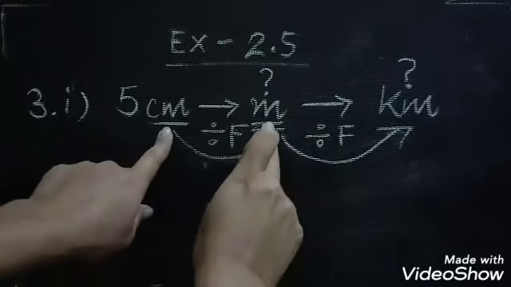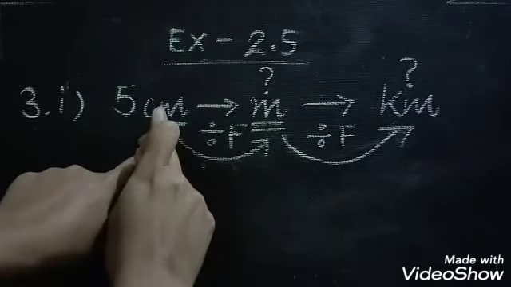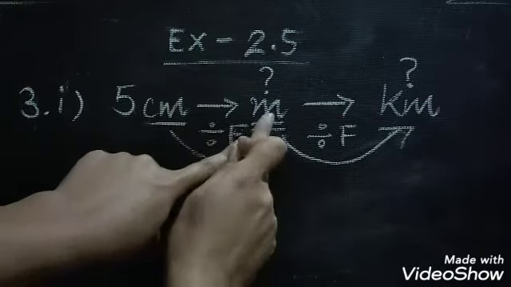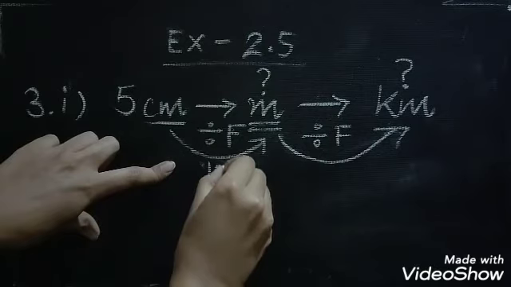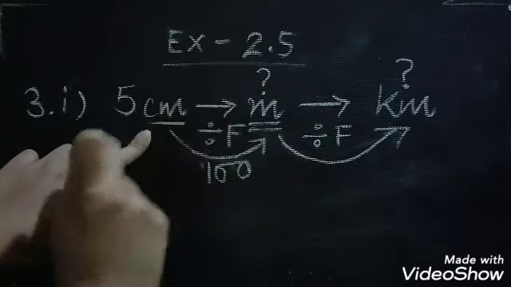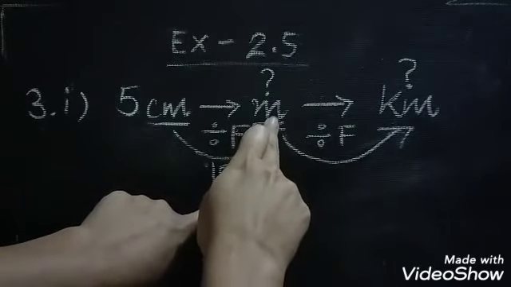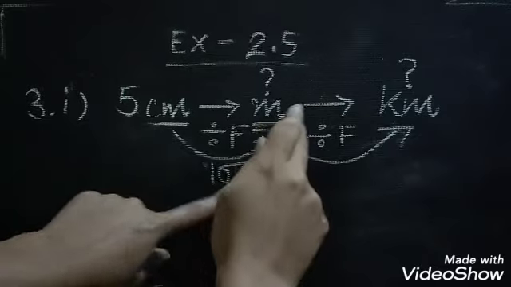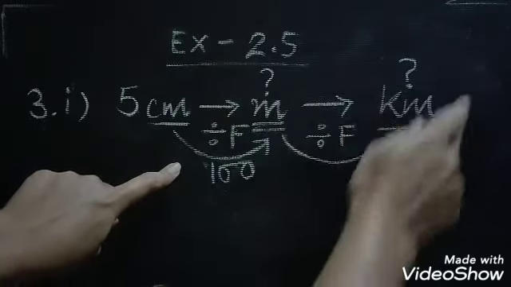So between centimeter and meter, the conversion factor is 100 because 100 centimeters come together to make 1 meter. So basically we have to divide by 100 when moving from centimeter to meter. Then when you move from meter to kilometer, again you are converting the smaller unit into the bigger one.